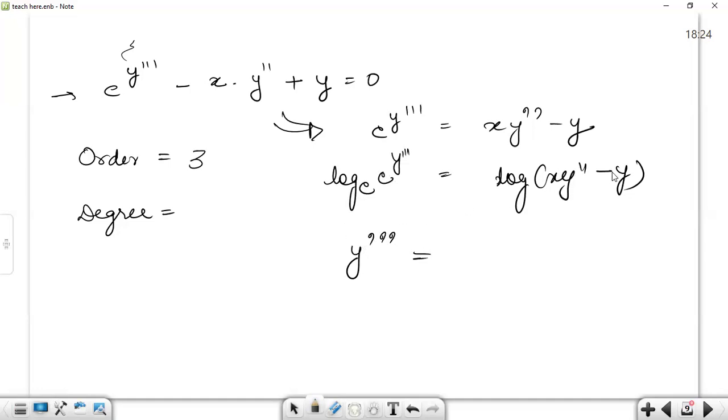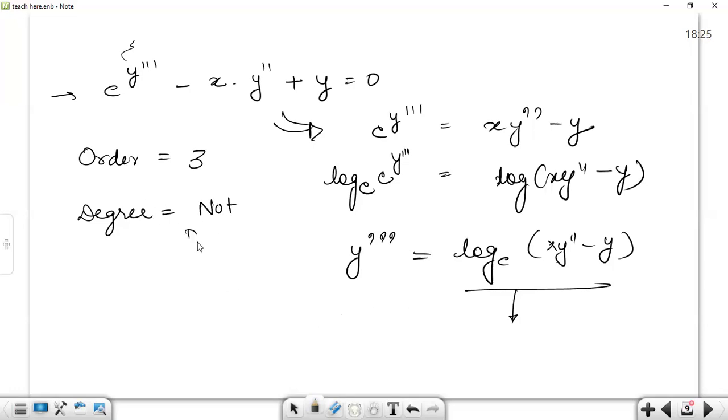But now on the right hand side there is a derivative inside a logarithm, so this differential equation is having some radical in the form of a logarithm function. That's why we'll not be able to find out its degree. Degree will be not defined. Clear?